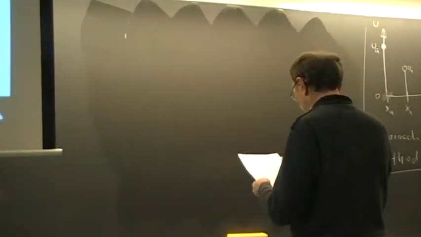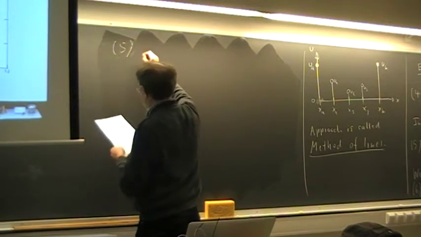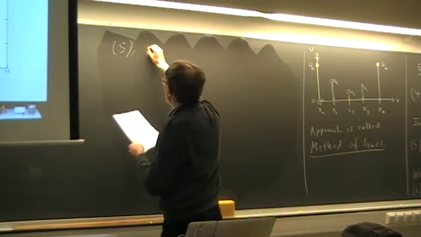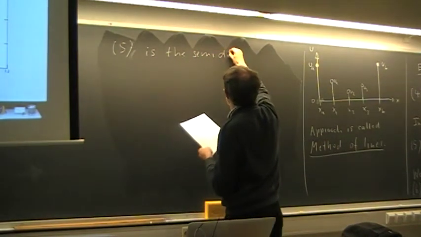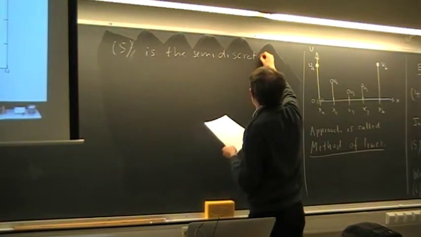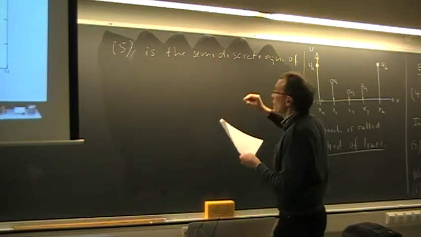So then equation 5 is the semi-discrete equation of heat equation 1.